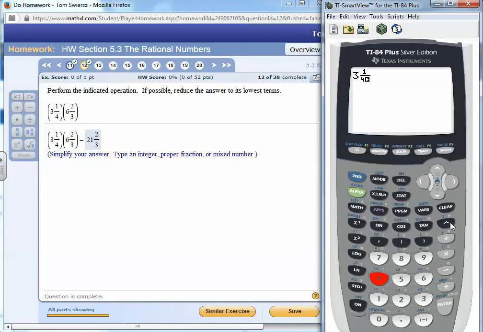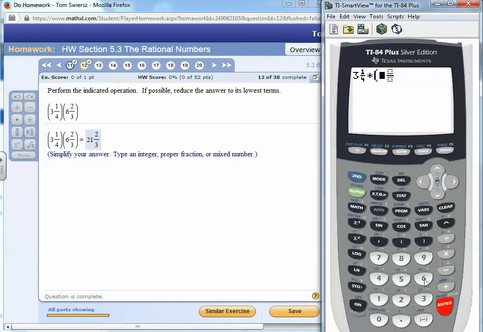Now you don't have to have parentheses when you do it this way, but since we're multiplying, it's probably a good idea to put in parentheses, so I'll put in parentheses in this one, but it'll still work. Then we need to do alpha F1, number 2, scroll down to number 2 to enter a mixed number.